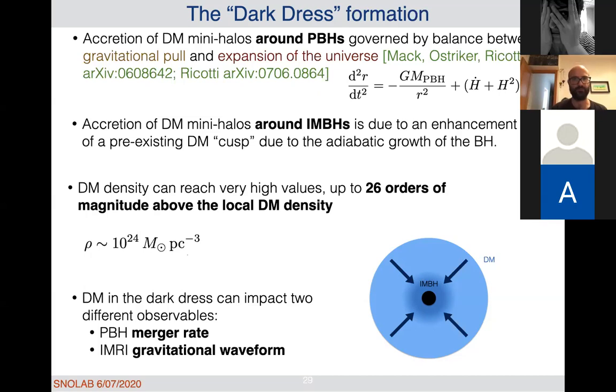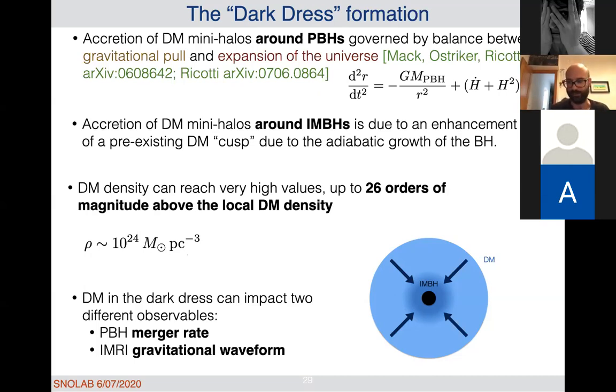So if massive black holes exist, in particular if you believe that intermediate mass black holes exist in the universe, possibly in the center of globular clusters, for example, or in other locations, they could be dressed with this spike, with this very large overdensity of dark matter. So the question is whether this can impact some observable and whether this can be detected somehow.